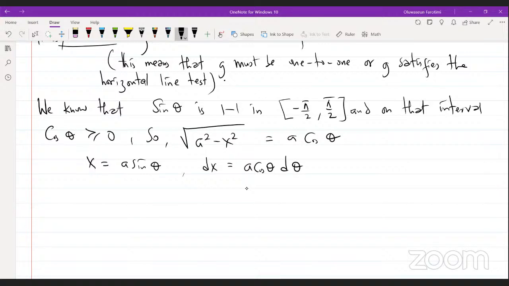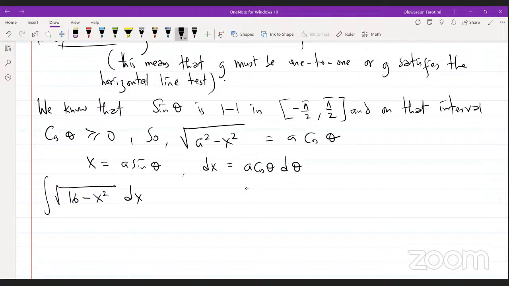Okay, so what if my concern is actually to evaluate this kind of integral? What happens in this case, guys? Now keep in mind that this first entry is your a. This is like a squared minus x squared. This guy's a constant. So what kind of substitution can I make?